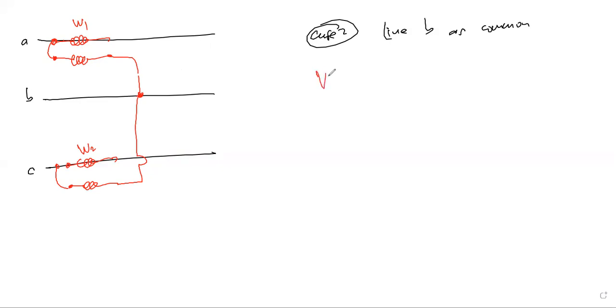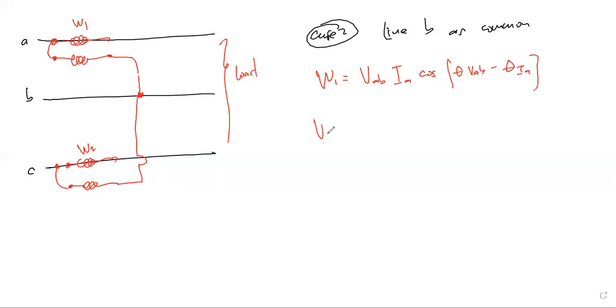So for wattmeter 1, that is voltage VAB, current IA, assuming you have the three-phase load connected. So that is VAB IA cosine of theta VAB minus theta IA.